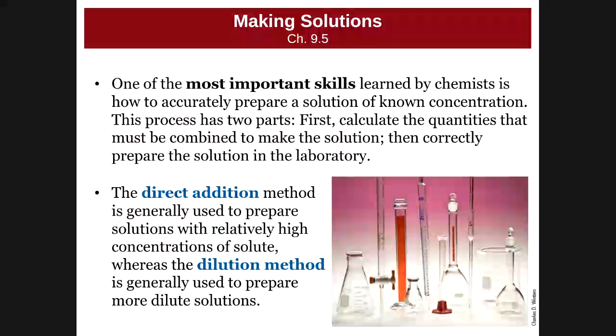And all of this glassware in this picture should look familiar to you from your time in the chemistry lab this semester. So we have Erlenmeyer flasks, we have beakers, we have volumetric flasks, those ones that just have the little marking on top that tell you exactly how much to add. We have graduated cylinders. We also have a burette, which you guys didn't get to use yet, but you would have used in experiment 11.